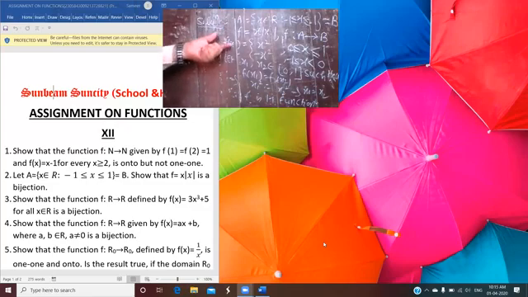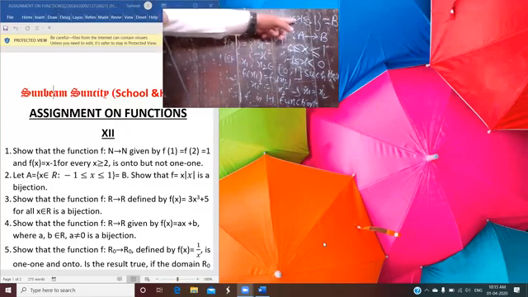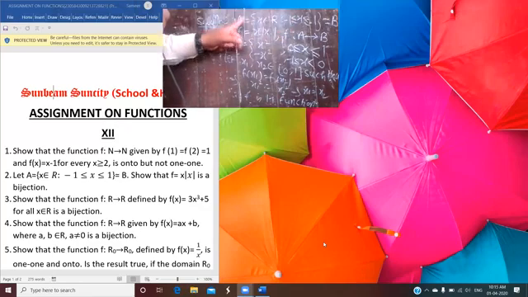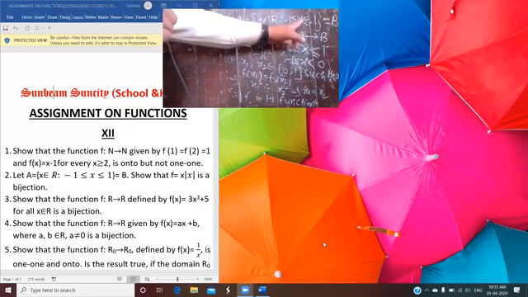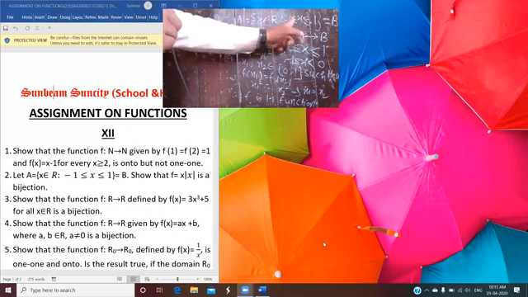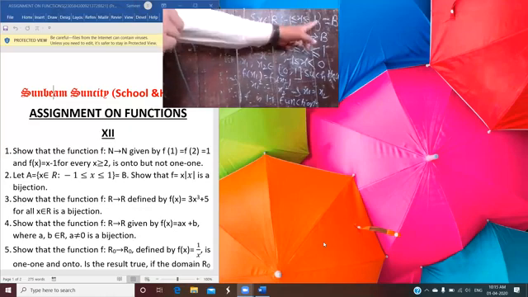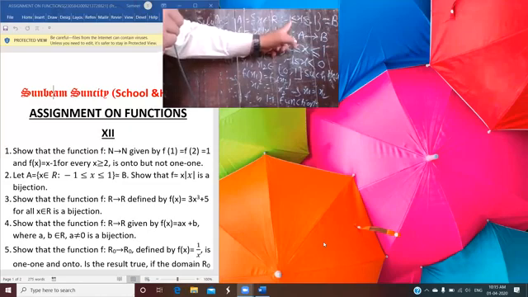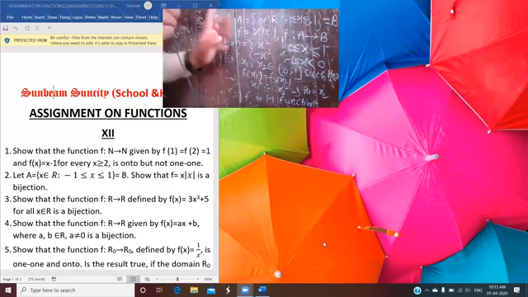Actually, first of all, you have to write the sets from the question. Now here we rearrange the given function. It is given that the set is the real numbers in between minus 1 to 1, that is the closed interval minus 1 to 1, and the function is given as f(x) equal to x mod of x.